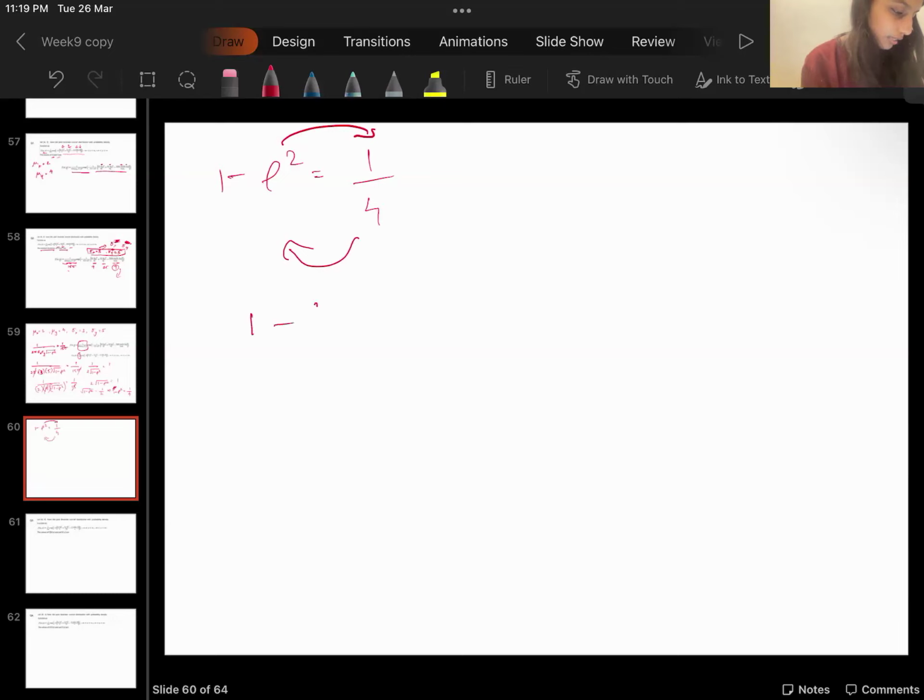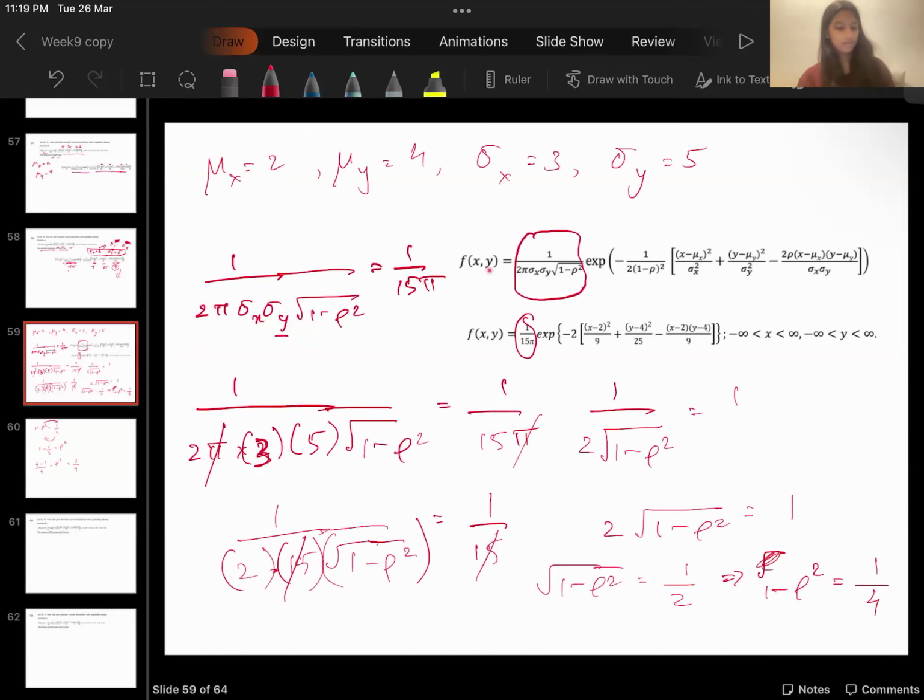So you'll have 1 minus 1 by 4 is equal to rho square. If you solve this, you'll have 4 minus 1 divided by 4 is equal to rho square. So rho square is basically 3 by 4.